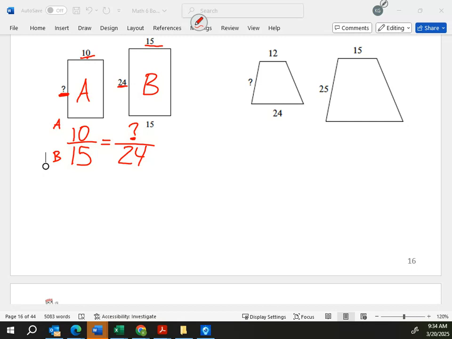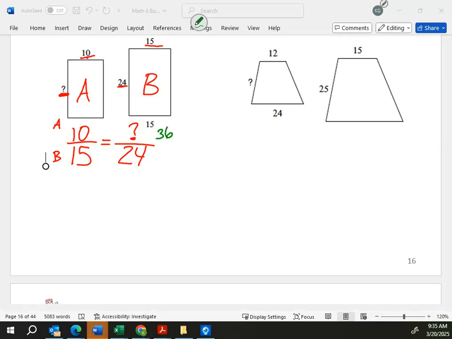What do you get if you multiply 24 by 15? Then what do we do with that? And what would you get? So the way Sophie was doing it, she multiplied across and then divided by that 10, and she got a 36.